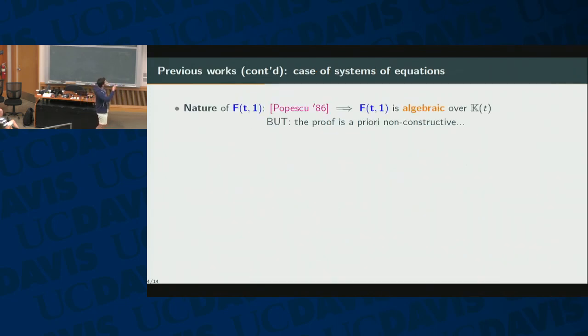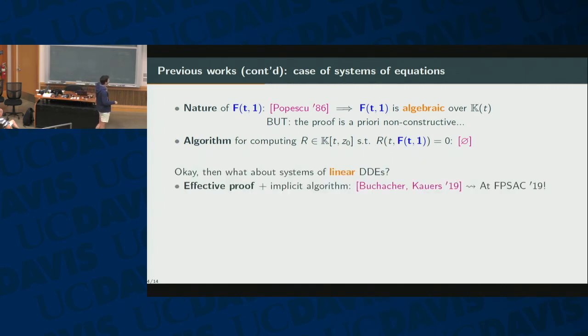There exists a very deep result in commutative algebra, due to Popescu in 1986, which implies that all the series that are considered, and especially the specialization, are algebraic functions. But the proof is a priori highly non-constructive, and so there does not exist any algorithm for computing an annihilating polynomial.